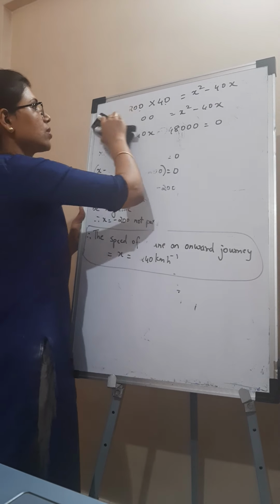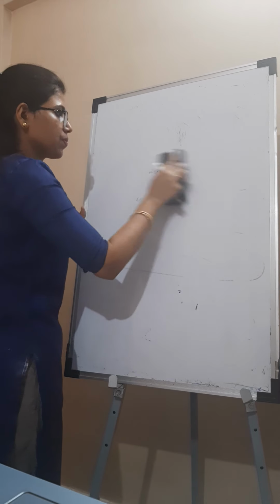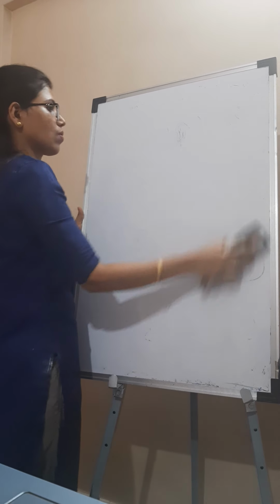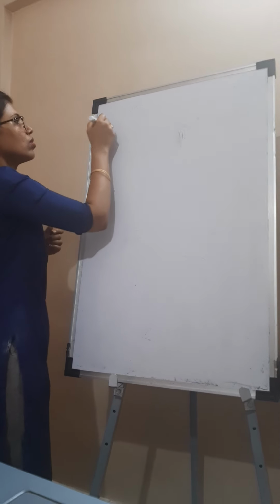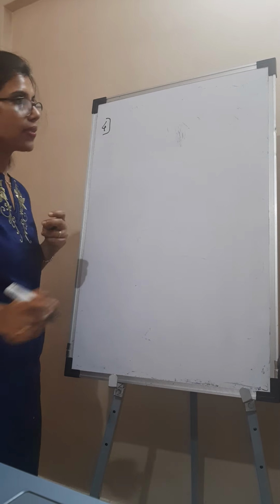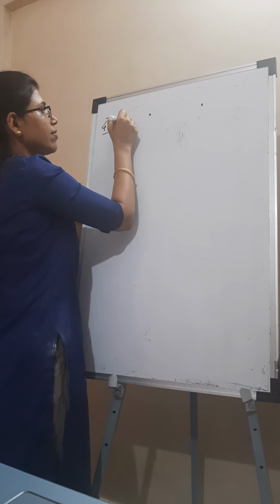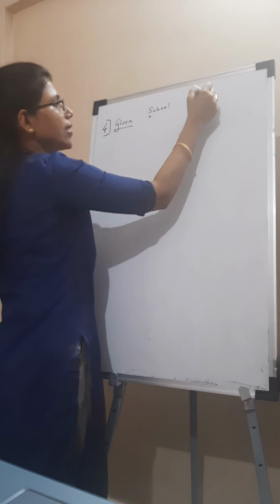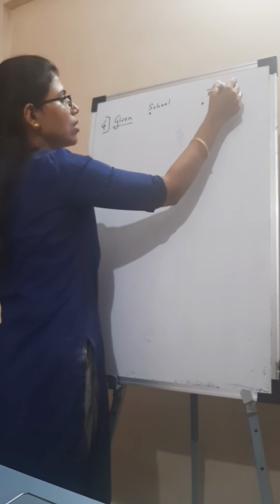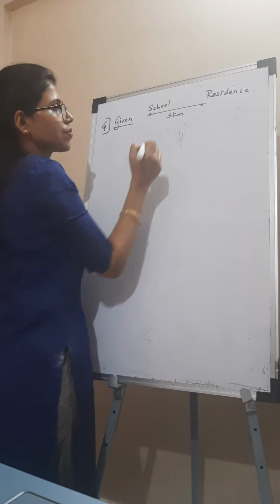So I'll erase the board. The fourth question is the distance between the school and residence. This is how it is represented diagrammatically. This is school and this is residence, and the distance is 3 kilometers.